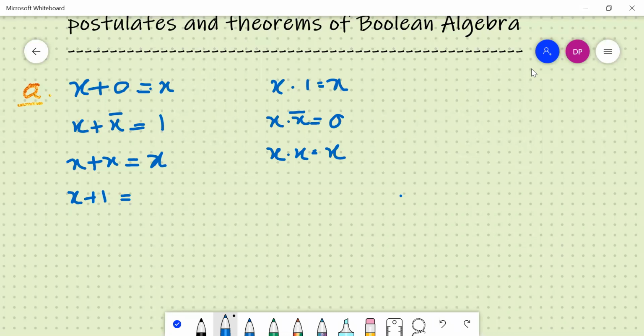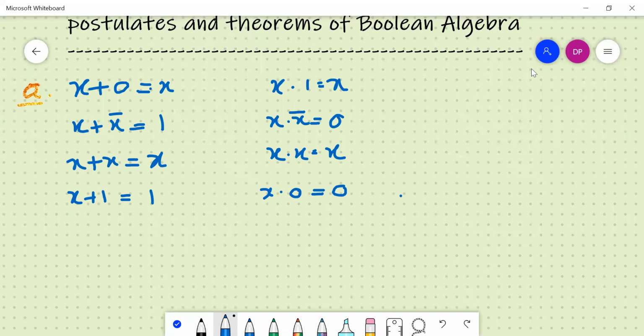So a variable X and with 1, what will you get? X, already we have seen. We will write this: and with 0, what will you get? 0. We will be getting the minimum of the two values, right? 0.